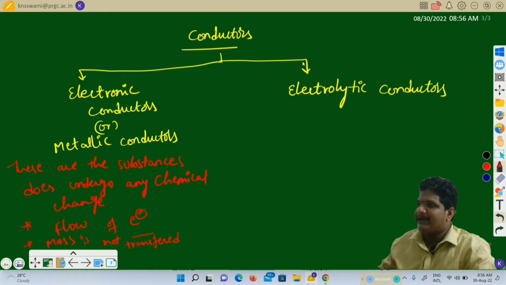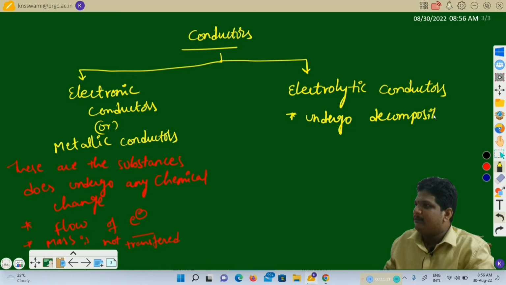When coming to electrolytic conductors, these are the substances which can undergo decomposition during passage of electricity.